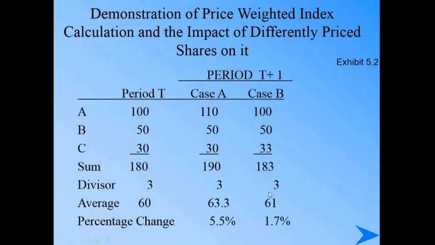This makes the price weighted index, or the Dow Jones Industrial Average, not very effective. The reason is that companies having very large prices carry more weightage, and as a result, when their price increases or decreases by a certain percentage, it brings more change.